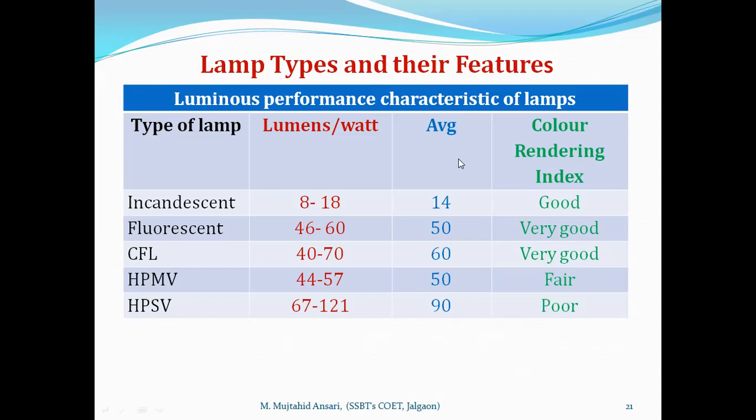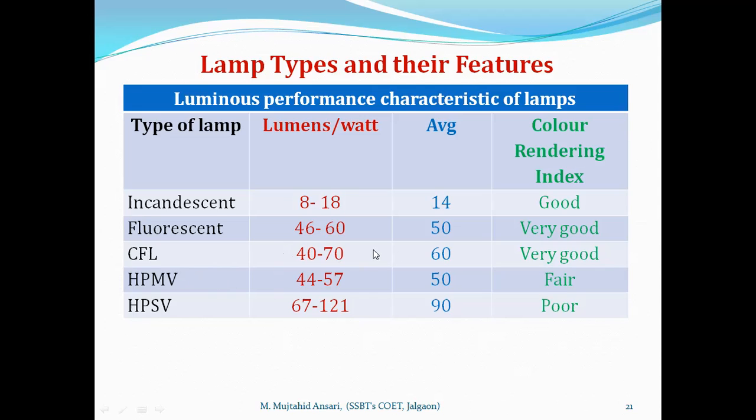So we considered the average luminous efficacy, or lumens per watt, as 14. Whereas the fluorescent lamp is 50, so the efficacy of light output is more. It indicates that the fluorescent lamp is more efficient as compared to the incandescent lamp.